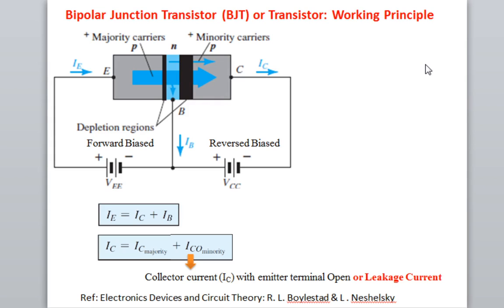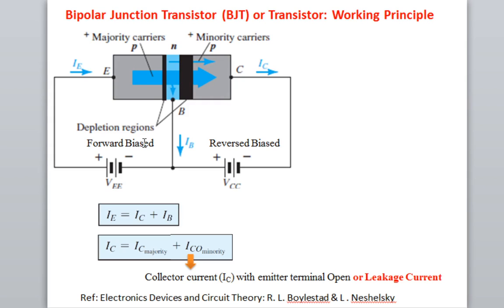Let us consider a PNP transistor. In a PNP transistor, this is the base and this is the emitter, so this is the base emitter junction. The base emitter junction should be forward bias, and the base collector junction should be reverse bias, as I discussed in my previous slide.